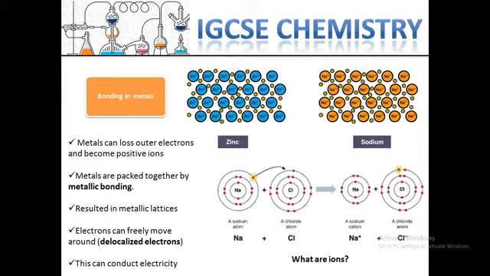First of all, I would like to introduce the ions. We have positive ions, we have negative ions. Those neutral atoms which lose their outer electrons can convert to positive ions.